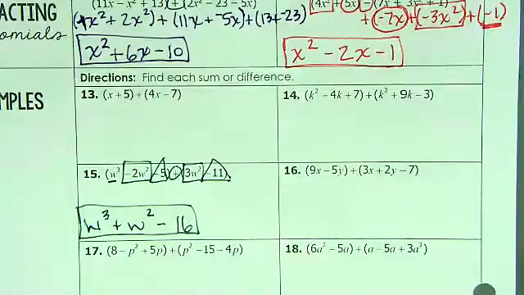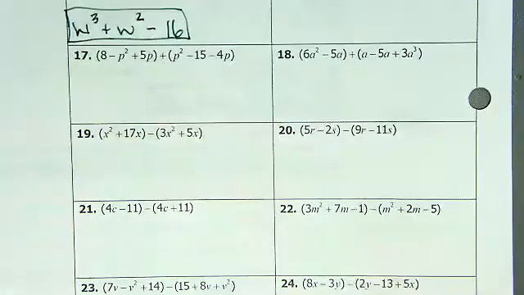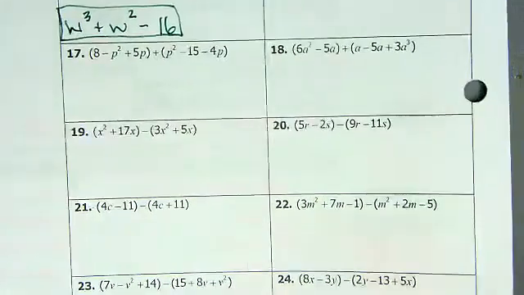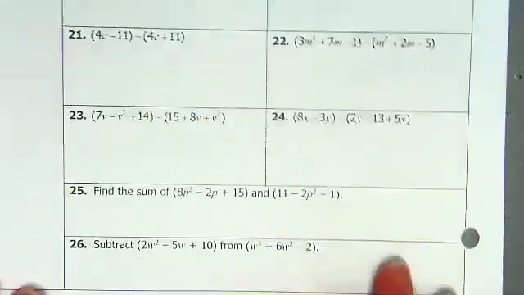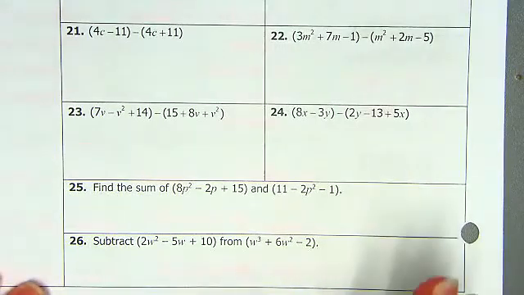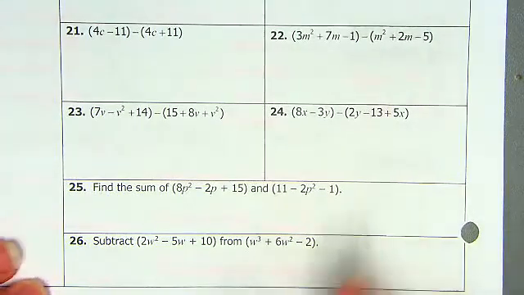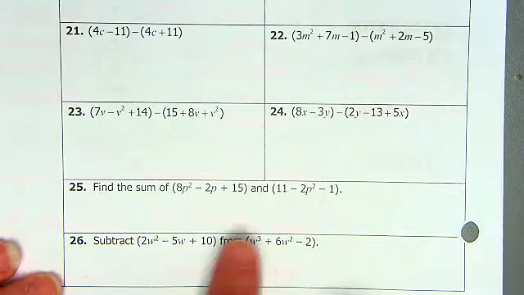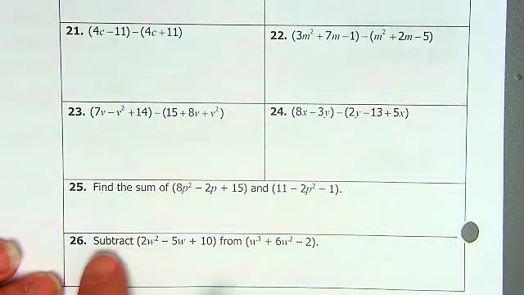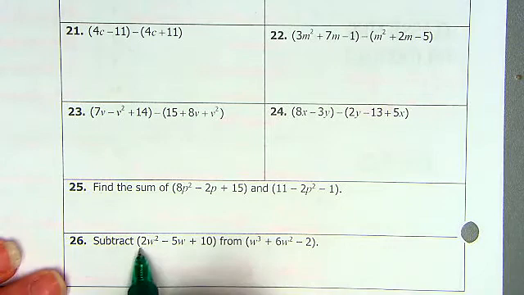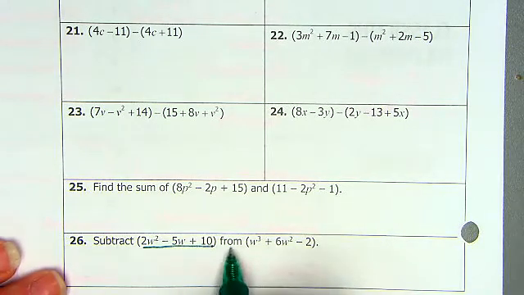All right, jumping down. Let's look at 26. The reason I want to look at this is you've got to pay attention to the wording of this. Because it's got wording in here, you may have to rearrange. It says to subtract 2w squared minus 5w plus 10 from.